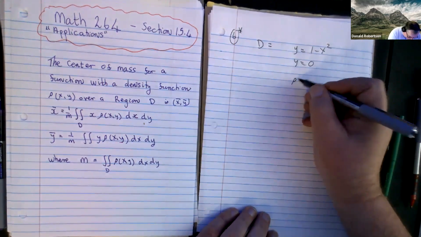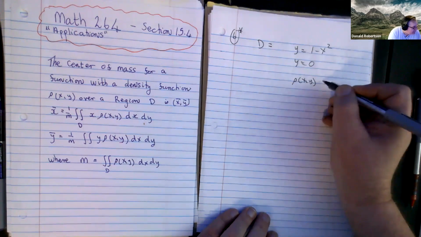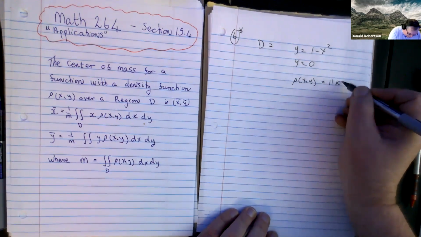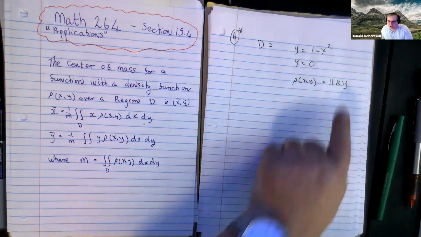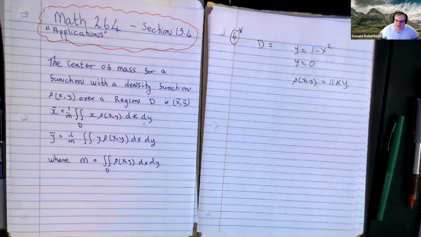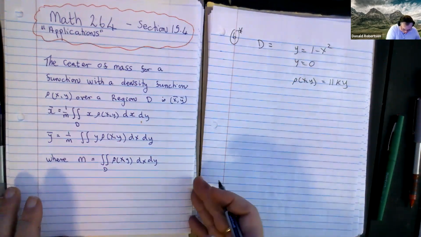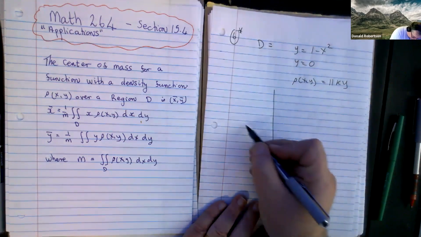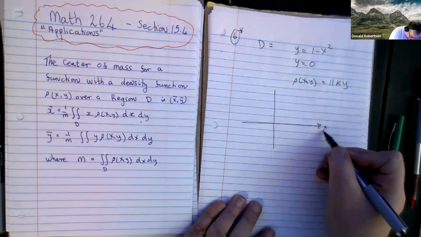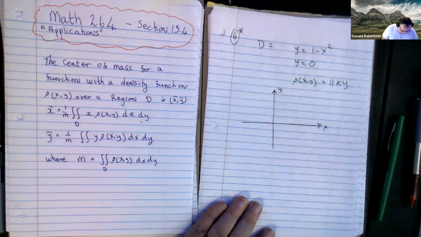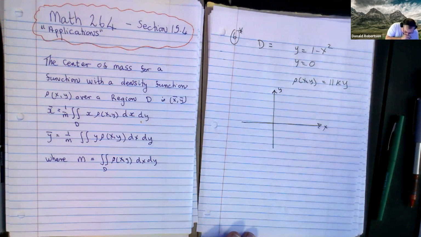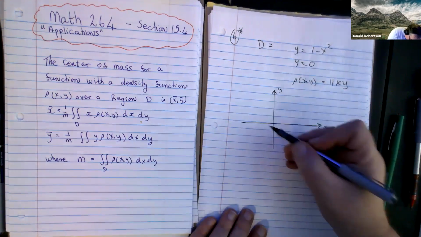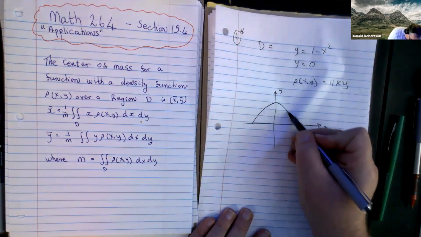And the density function, okay, it's another one of those guys with a K in it, but we've dealt with the K, so that's not such a big deal. I want to draw this picture so that I'm clear in my mind what it looks like. 1 minus x squared.